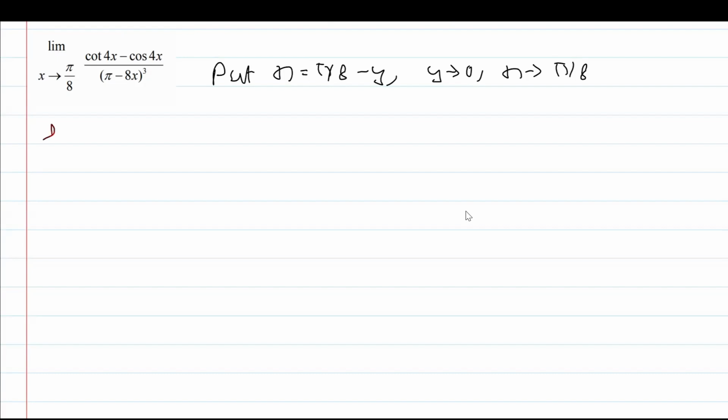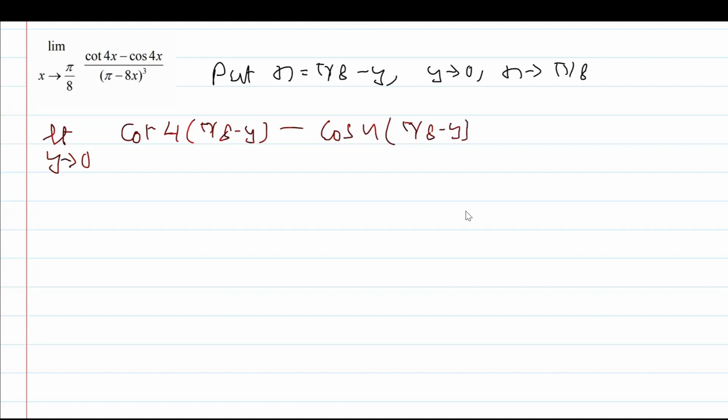So now we have the limit here as limit y tends to 0. This is cot 4x. So this is 4 as it is, and I can replace x with pi over 8 minus y, and minus cos 4x. Same way, it's 4 outside, and x can be replaced with pi by 8 minus y.